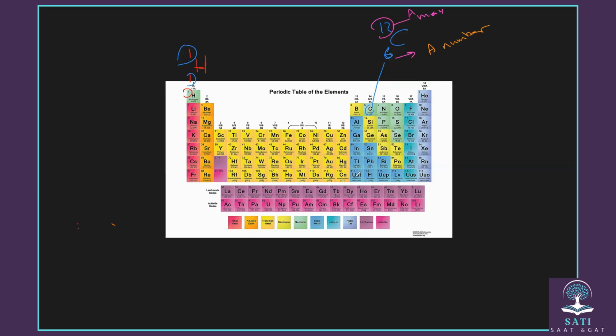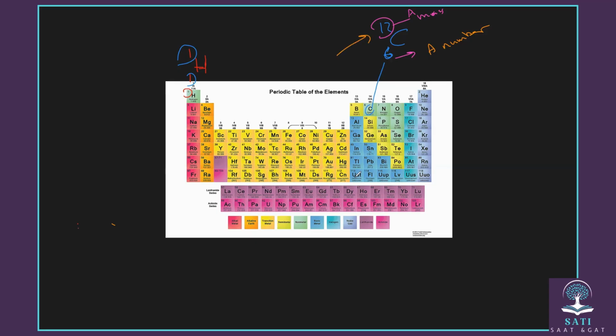In molar mass and Avogadro's number, usually we use the mass and we don't use the atomic number. So this number here is the most important.